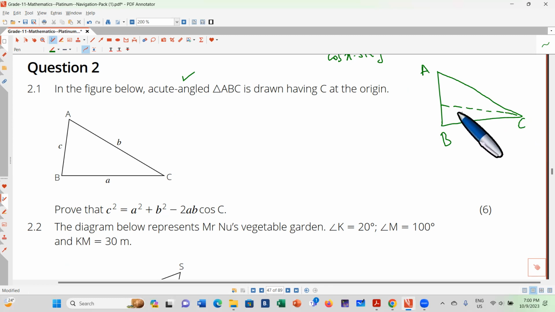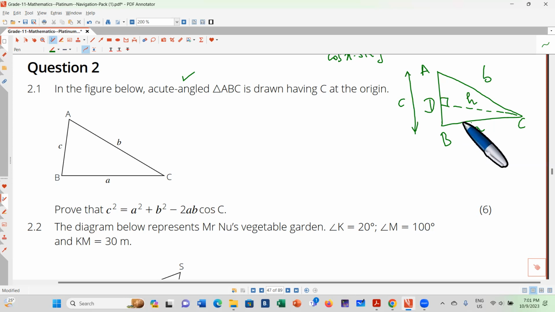So this is D. This one here is C, B, A, H. So this actually is the triangle, and we have just performed the construction, and so we have divided the triangle into two triangles.